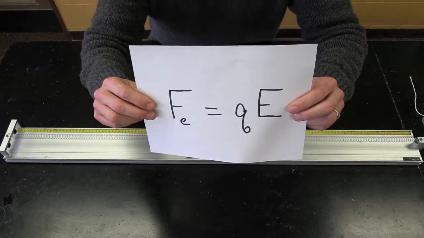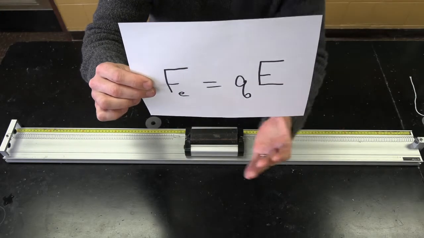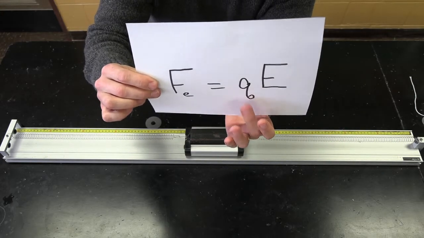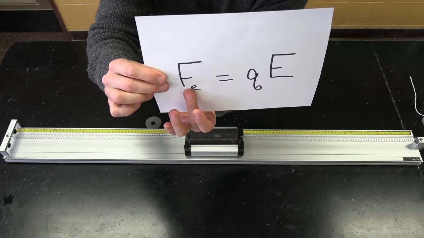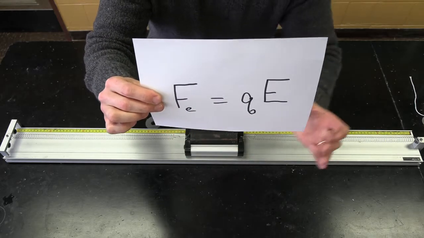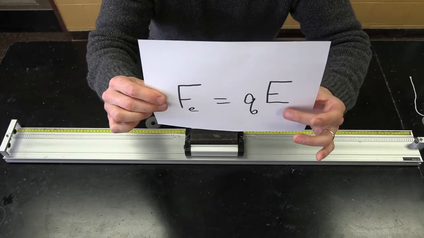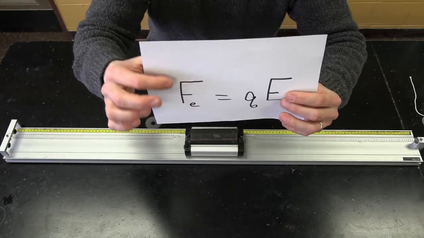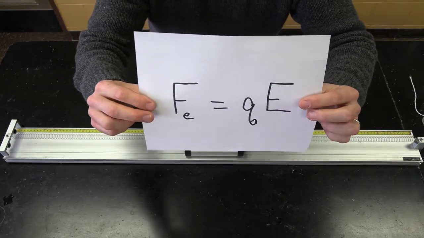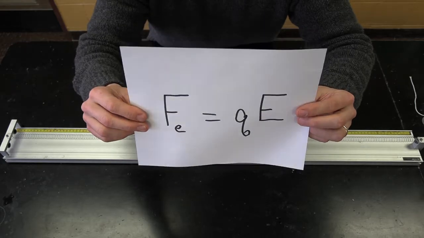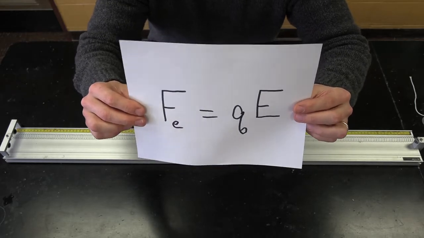And then what happens is that electric field, because the electrons have charge to them, will create a force on the electrons. Furthermore, if the electric field is oscillating, the force will oscillate. So the electrons experience an oscillating force on them because of the light passing through them.